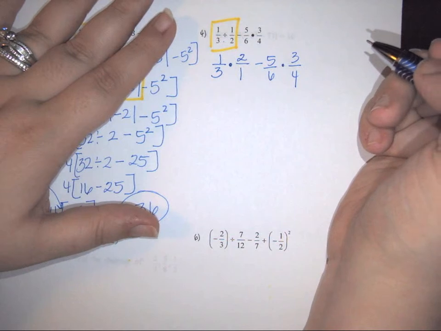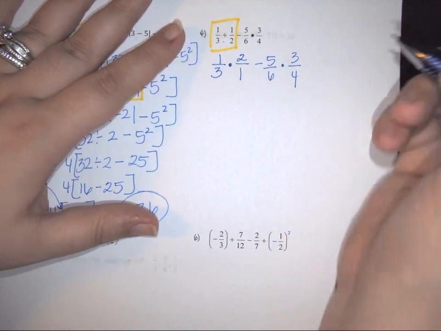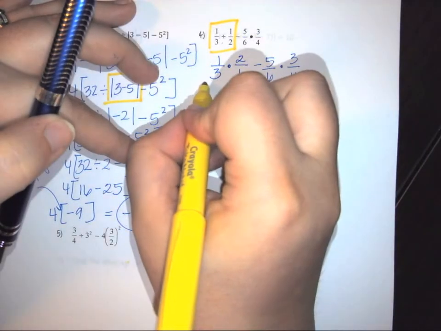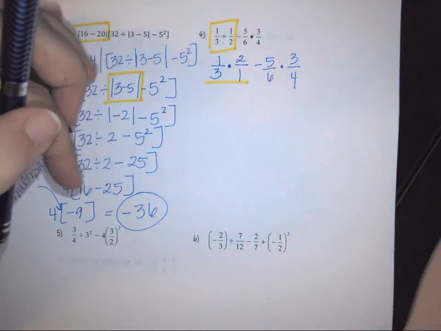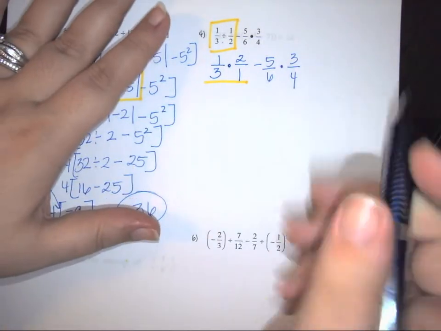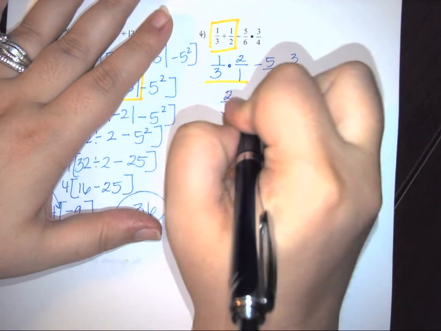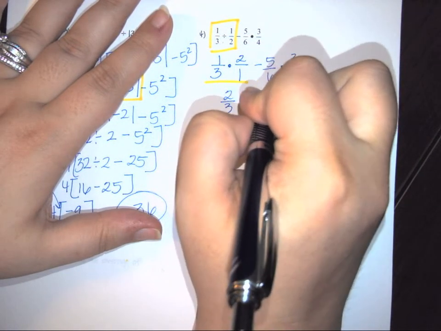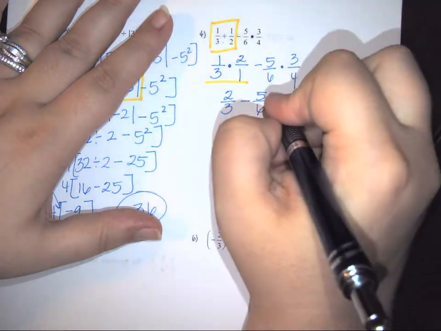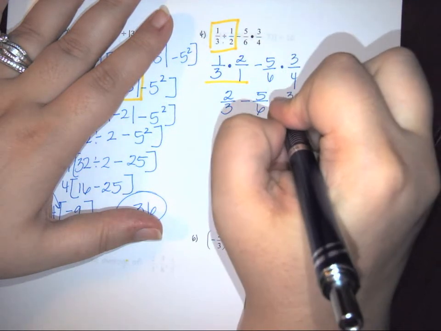I then have to look for, again, any multiply and divide, so I'm still working with these first 2 right here. So I'm going to go straight across the top and straight across the bottom. So this is going to give me 2/3 minus 5/6 times 3/4.